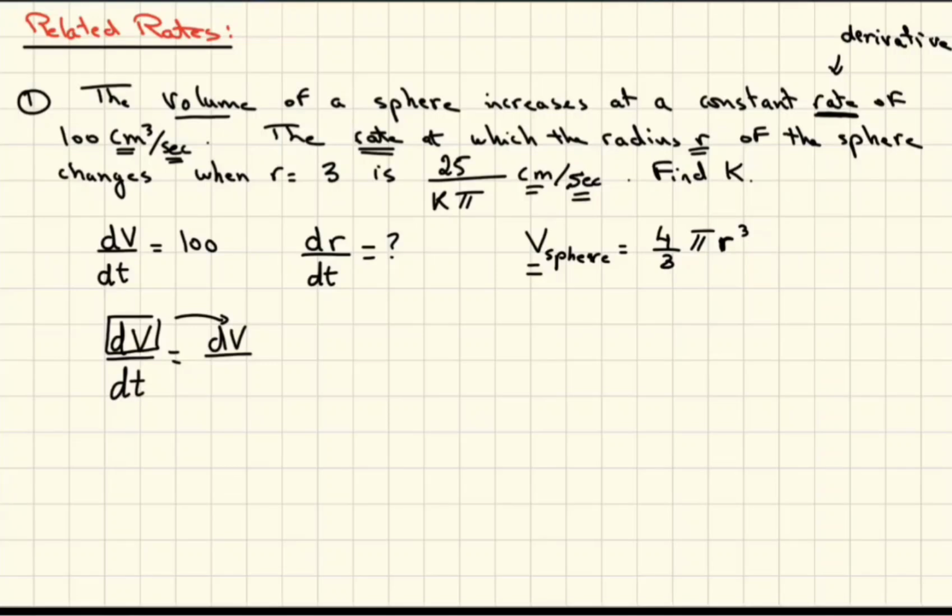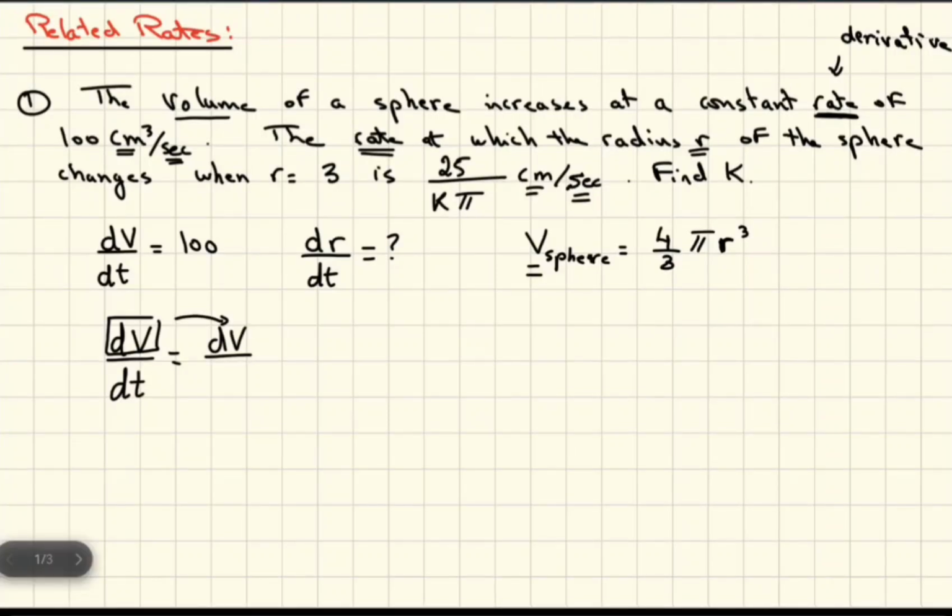Now, I check the volume, is it related directly to t or related to r? It's related to r. So we have to move from volume to radius, then from radius to time. The volume is related to radius and the radius is related to time.